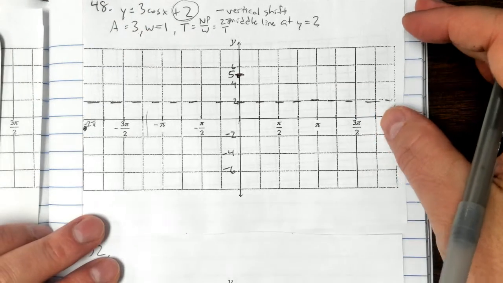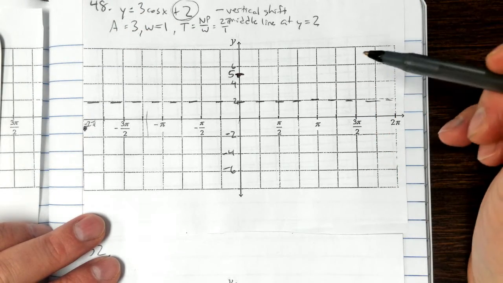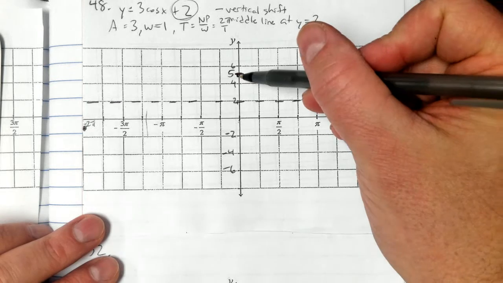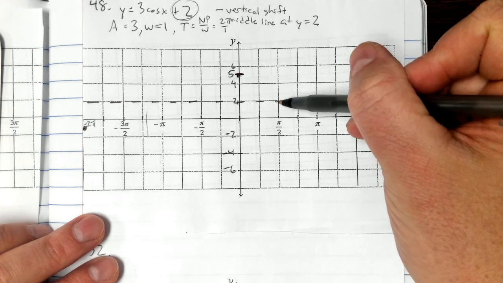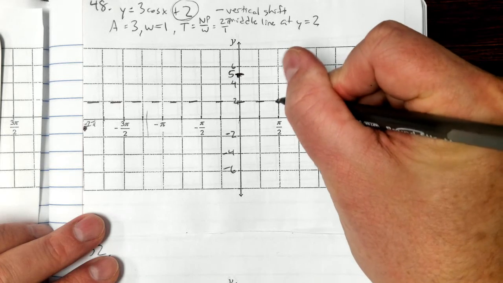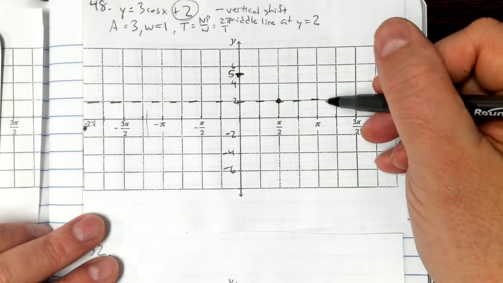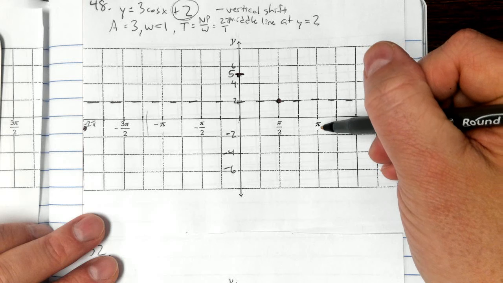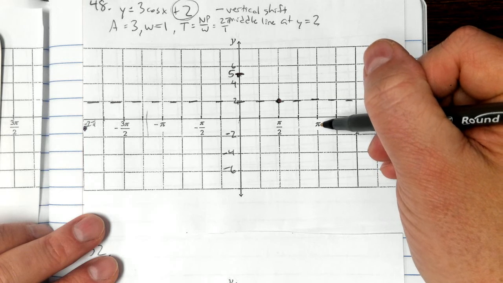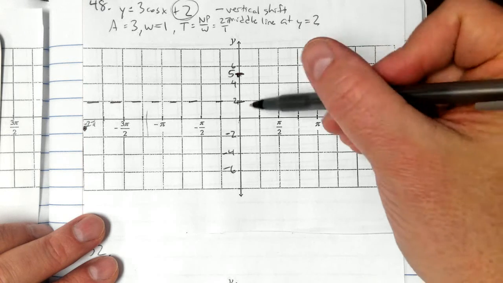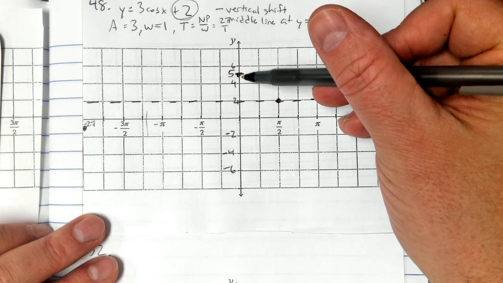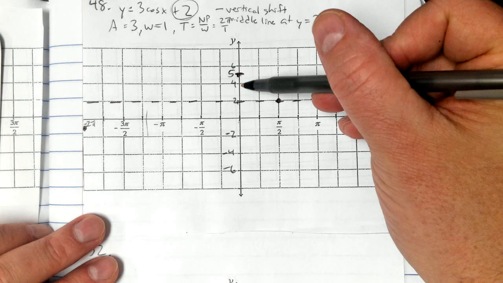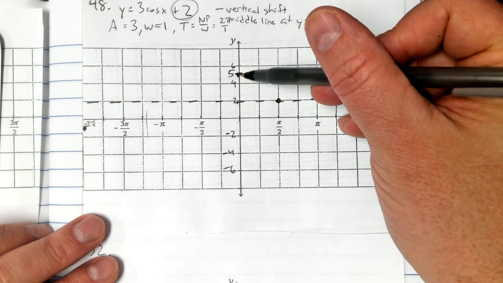Okay, from there we're just going to follow the cosine pattern. And so cosine starts high, and then at this point it would touch the middle line right there. And at this point it would come down 3 units. And so that's basically, if you think of it this way, it's 1.5 blocks, because I'm counting by 2 and I need to go to 5.